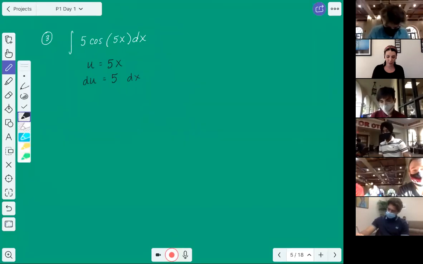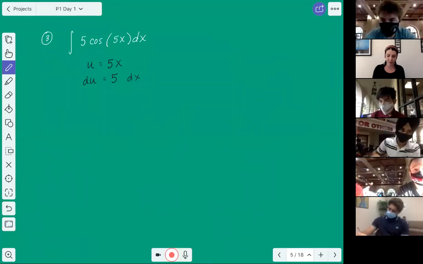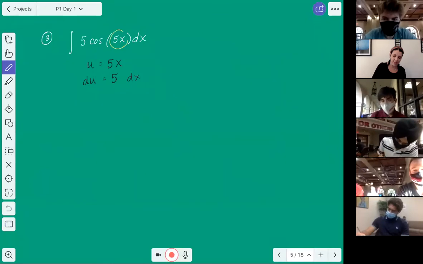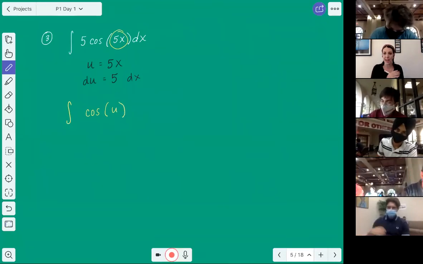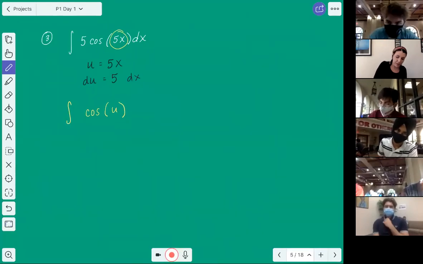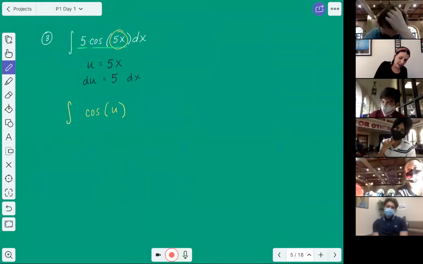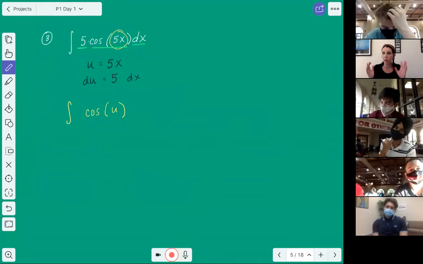Okay, now we're going to rewrite our integral. Now, some folks get confused here because they see the 5x, and they know, okay, I'm going to replace that part with a u. But I don't have 5 right next to dx in this case, and that's okay. Essentially, I have 5 times a cosine of 5x, and all of that stuff is in front of a dx.